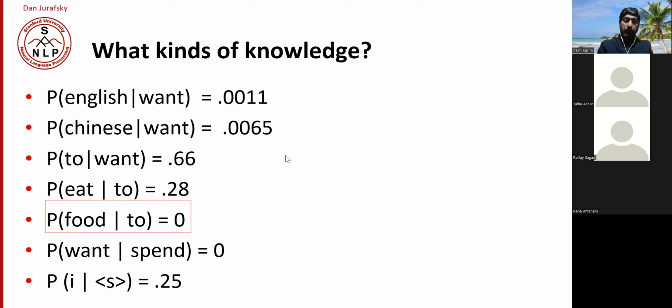And if you have an incorrect sequence, like "to food", the sequence "to food" is kind of incorrect language, and you notice that you don't find any such instance in the corpus, and you have a probability of 0 for it. So language model also gives you insights into the corpus that you're analyzing.